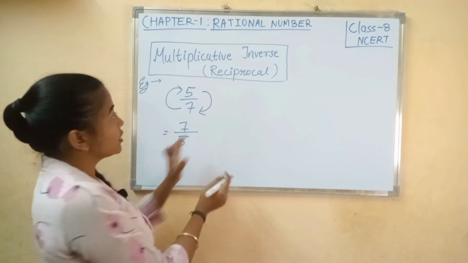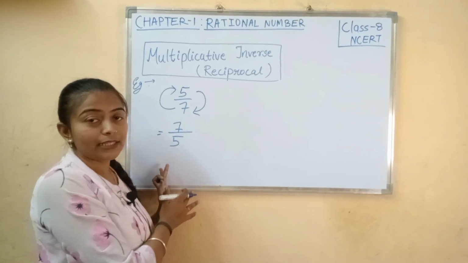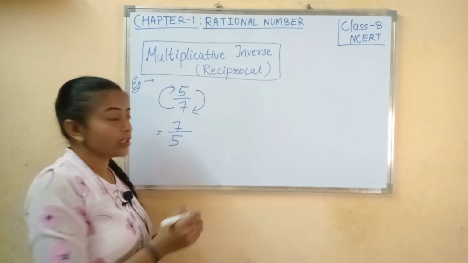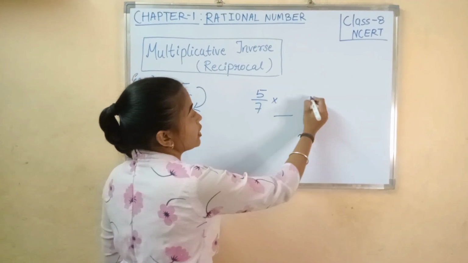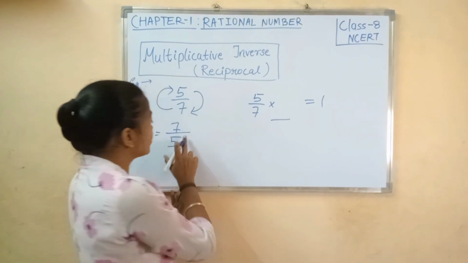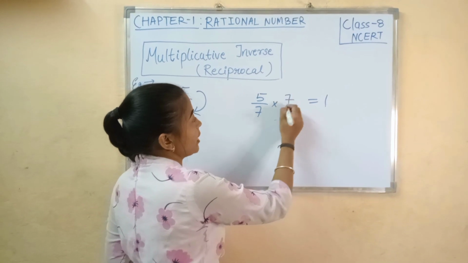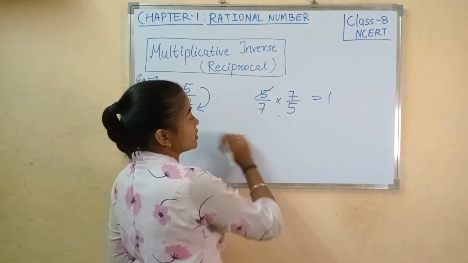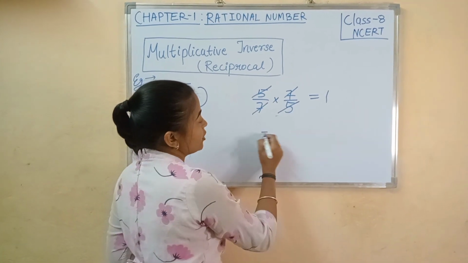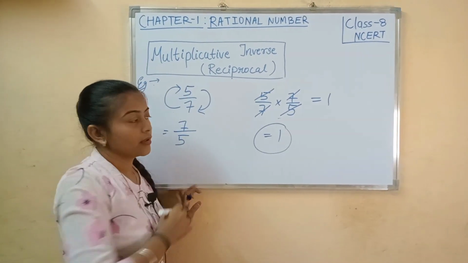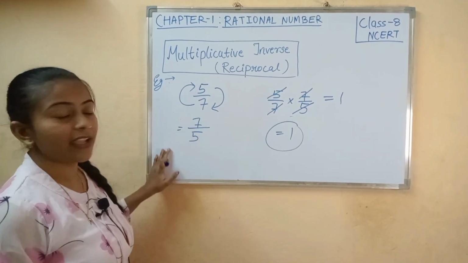In the definition we have seen what should be multiplied by a number so that we get 1. So 5/7 multiplied by 7/5, this 5 is cancelled out with 5 and 7 is cancelled out with 7, so we will get 1. So the reciprocal of 5/7 is 7/5.